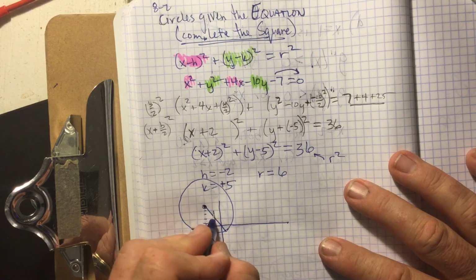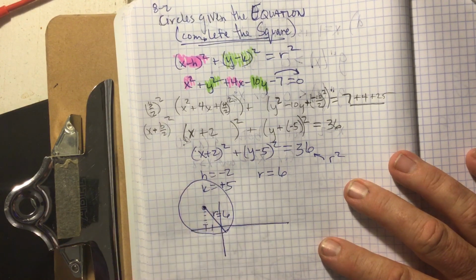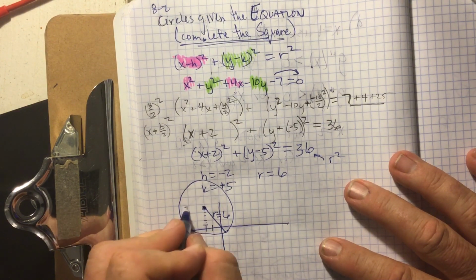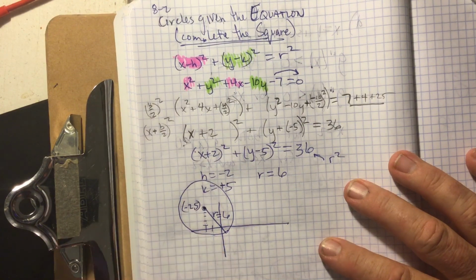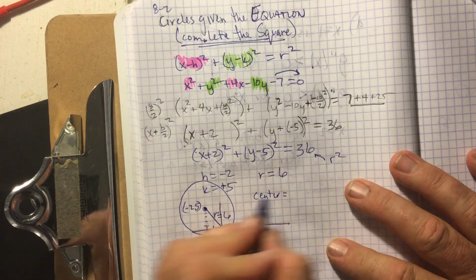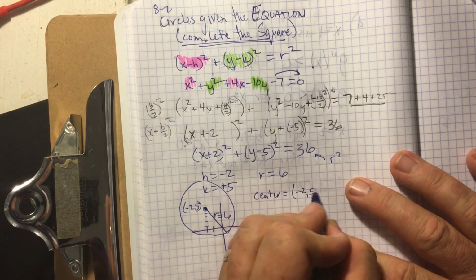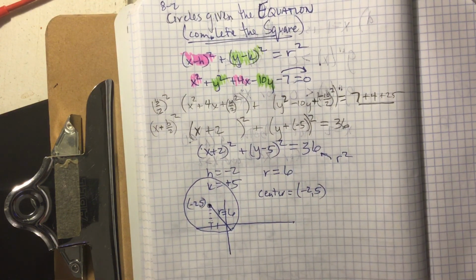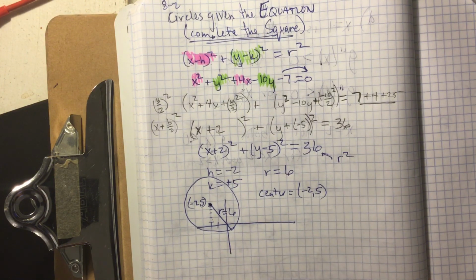Okay? R is 6. And this is negative 2, and 5 is my center. So that's my center. Center is negative 2 and 5. All right, guys, that's how you graph a circle using complete the square.